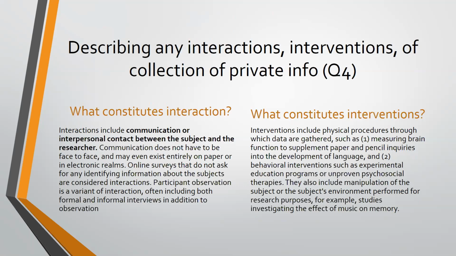So online surveys are still considered interactions, and those need to be described here. Participant observation, if you're just watching them, that's an interaction. And so these are the types of things we need to be thinking about and describing. All of y'all's procedures and experiments are pretty straightforward, so it shouldn't be too hard to identify the things that you need to describe here.